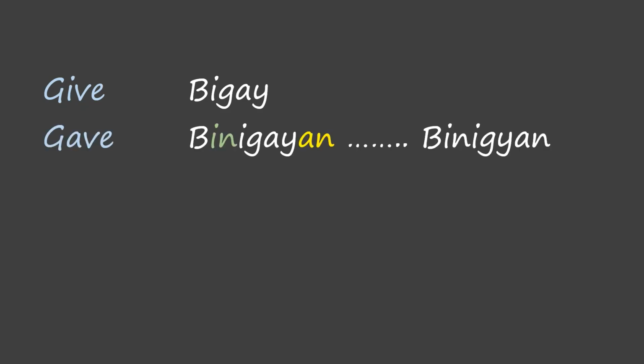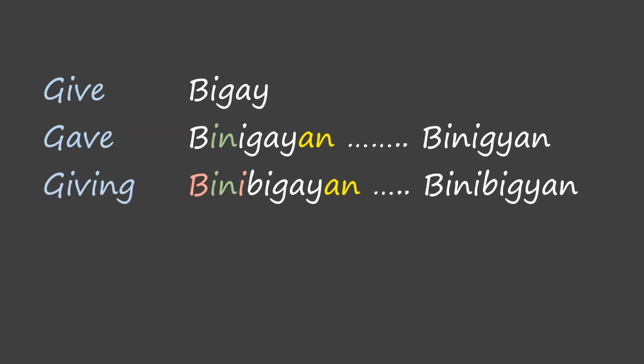Let us look at the different tenses of the root word give, or bigay. The past tense gave is formed as binigayan, but we make a shortcut of binigyan because that's easier for us to say. Giving is actually binibigayan, but it's easier to say binibigyan.